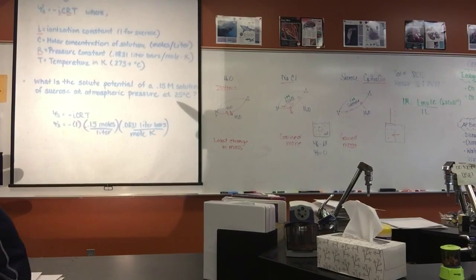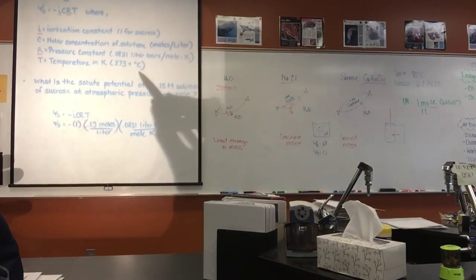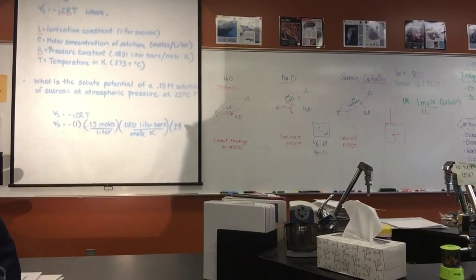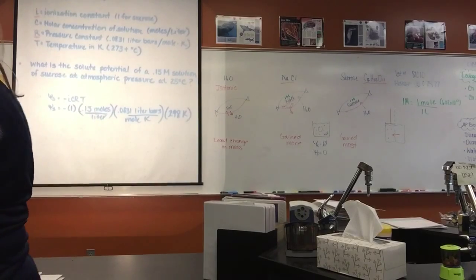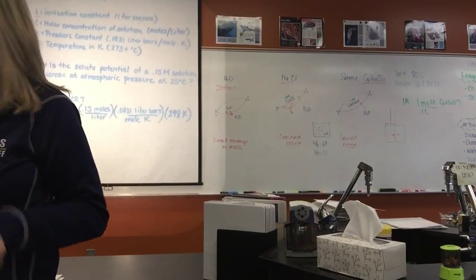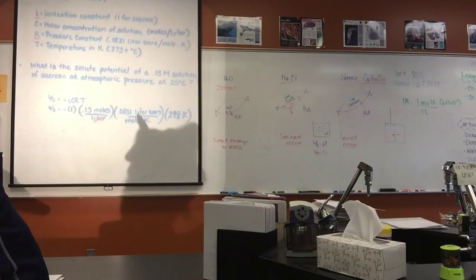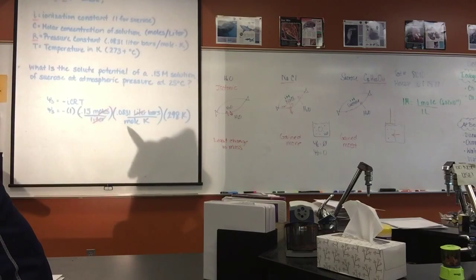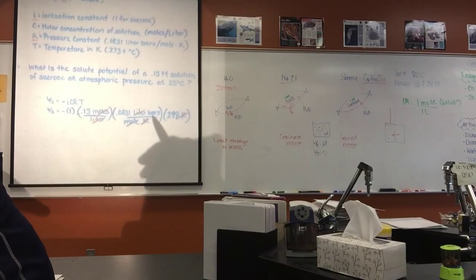And then your temperature was 25 degrees Celsius, so we add 273 to that, and you get 298 Kelvin. Now watch this in terms of canceling out. The liter cancels out, moles cancels out, Kelvin cancels out, and you're left with bars.